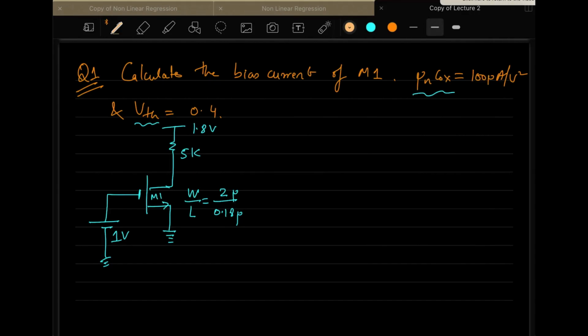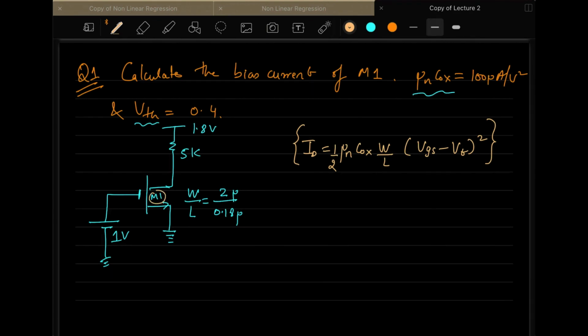Okay, so we know that in saturation, the drain current of the MOSFET is given by this, right? There is an important thing that I want to discuss here: we are assuming that this MOSFET is in saturation.